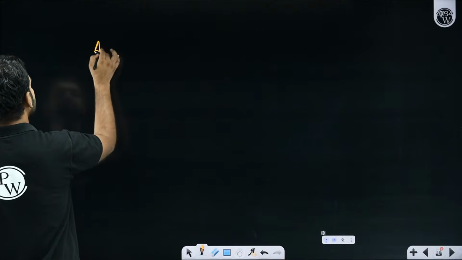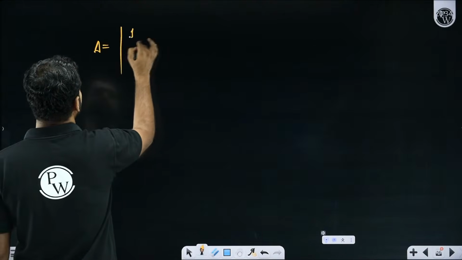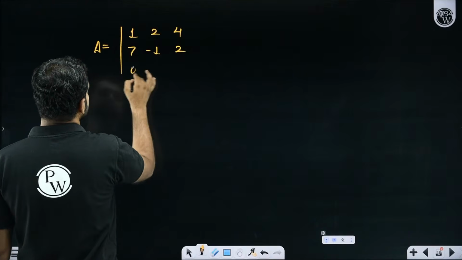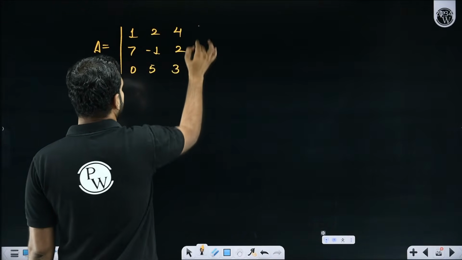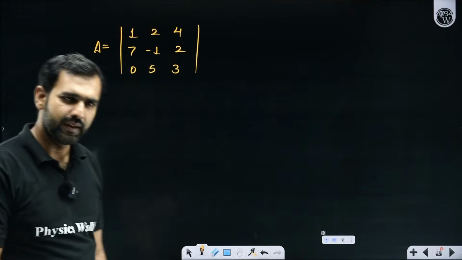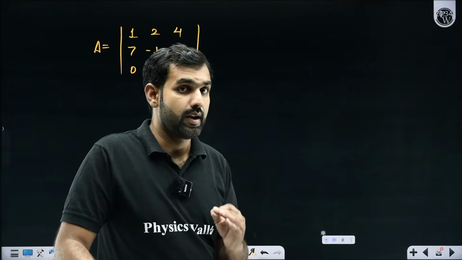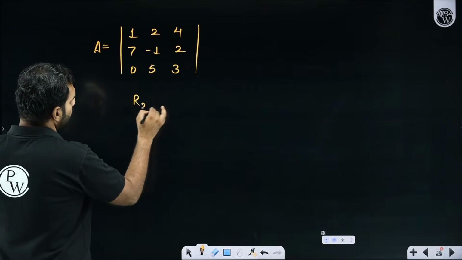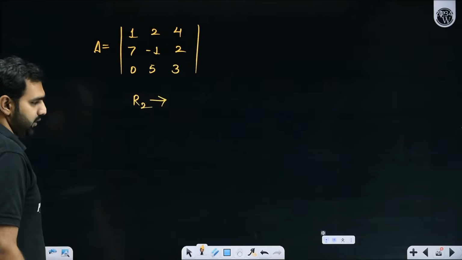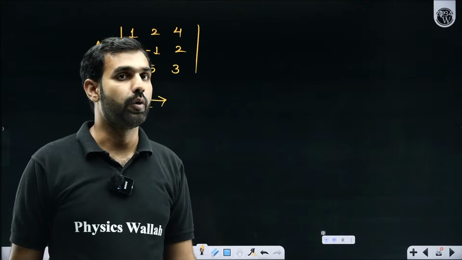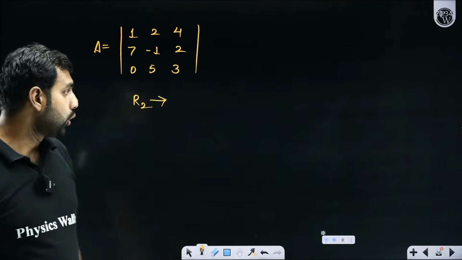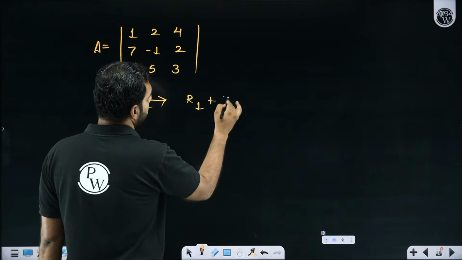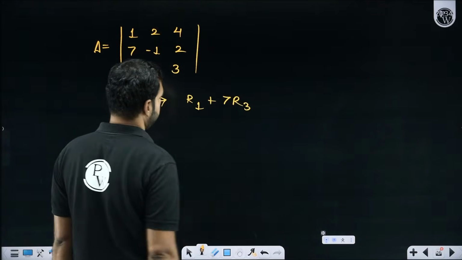Let's say there is a determinant delta which has values 1, 2, 4, 7, -1, 2, 0, 5, 3. This is delta. Yes or no? Now, let's say row 2, I am willing to update. Row 2, I am willing to update by row 1 plus 7 times row 3.